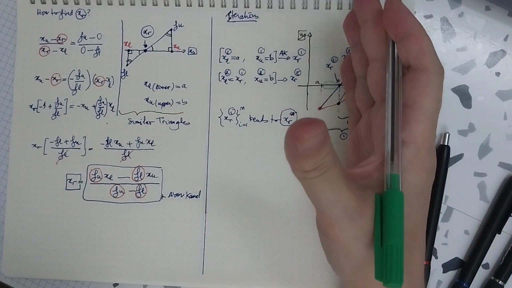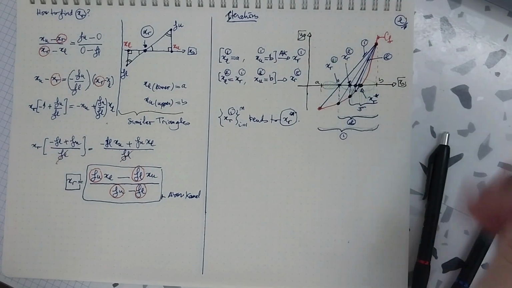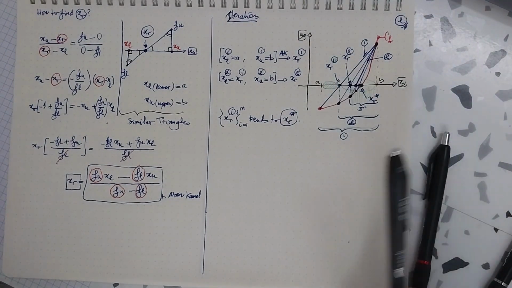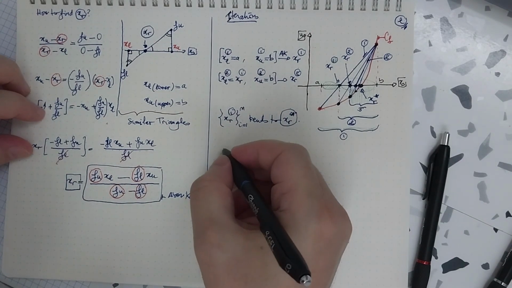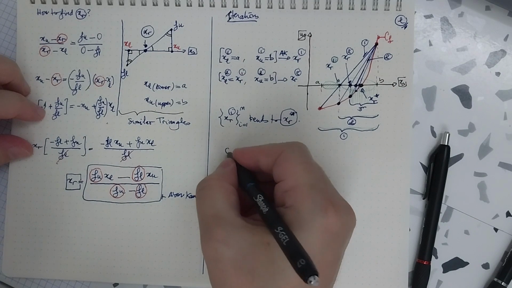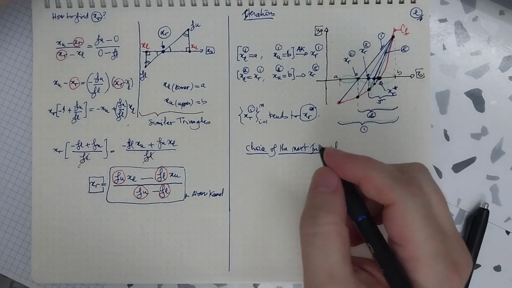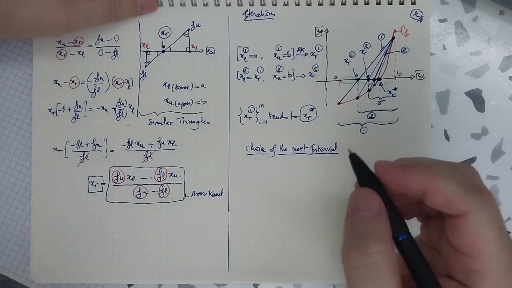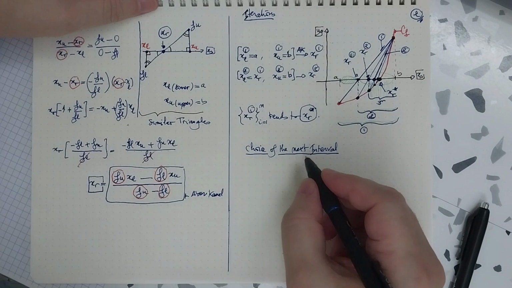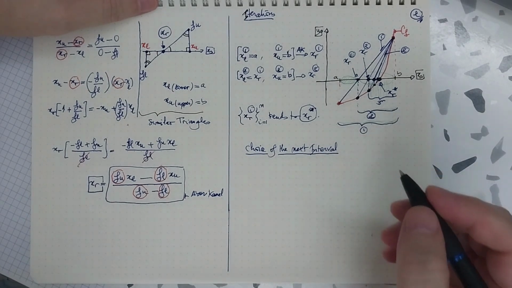And we repeat this rule for each XR along the iteration. So the title will be here, the choice of the next interval. How do we do that?